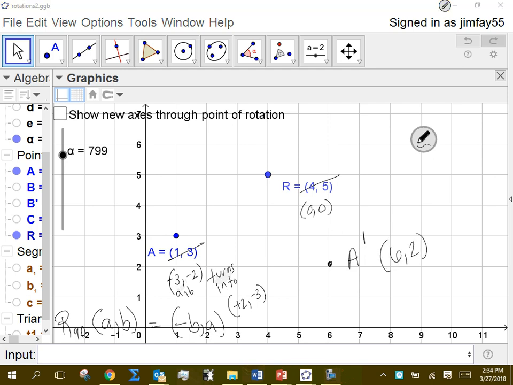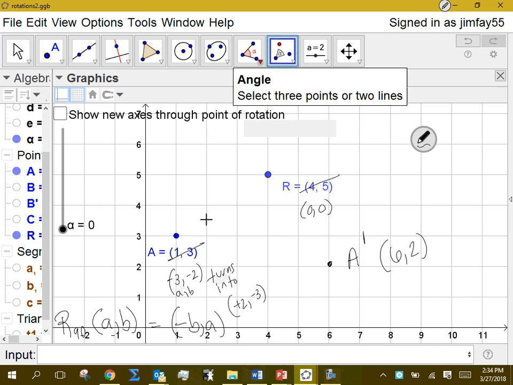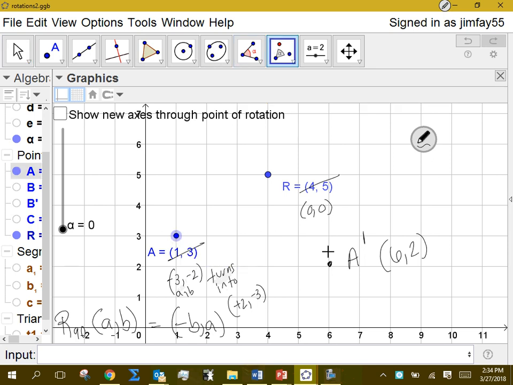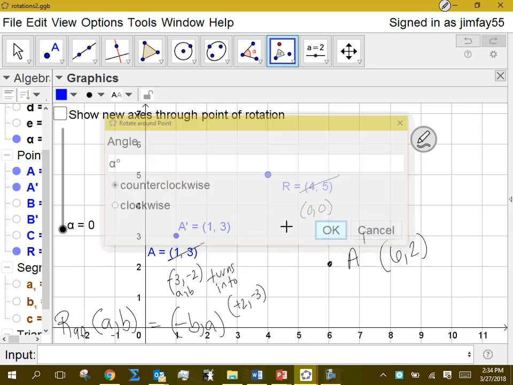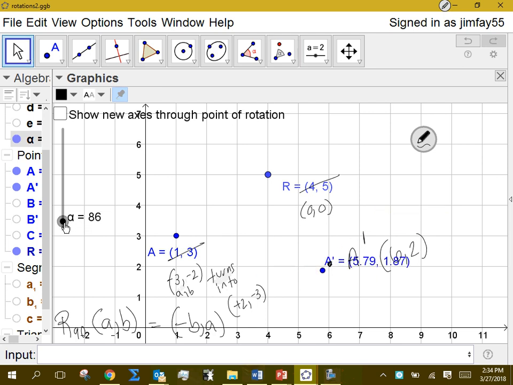And that's then how we rotate this point. Okay, if I ask GeoGebra to rotate A around R, let's do 90 degrees here. If I rotate it 90 degrees, you see that it is indeed at 6, 2.